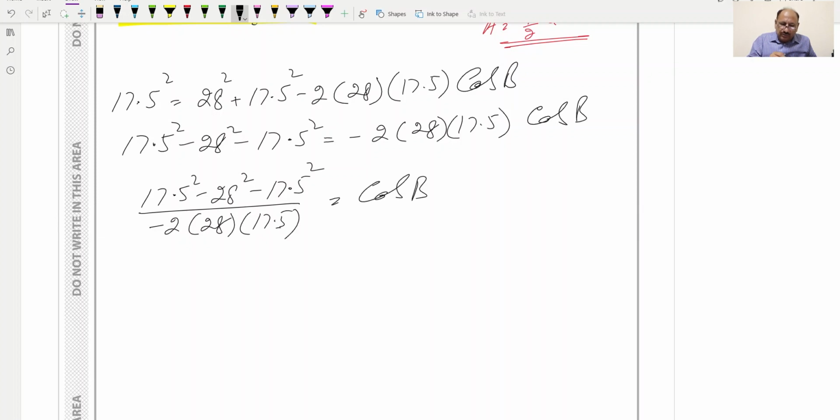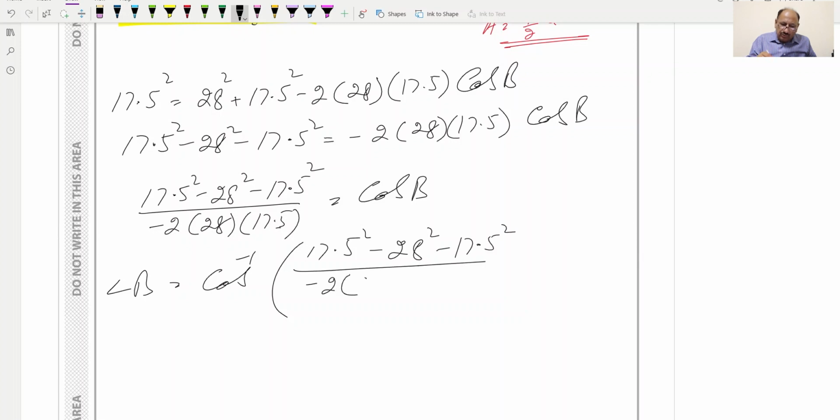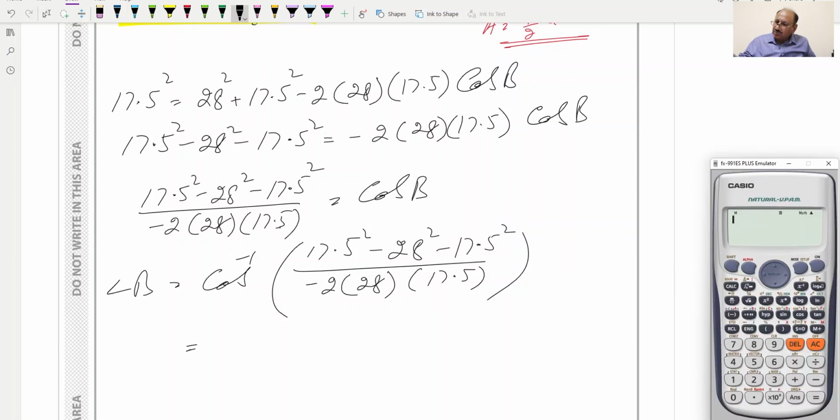cos of B. So angle B will be equal to what? Cos inverse of this whole thing, which is 17.5 squared minus 28 squared minus 17.5 squared, divided by minus 2 into 28 into 17.5, close the bracket, and this will be equal to how much? Your calculator should be in degree mode.